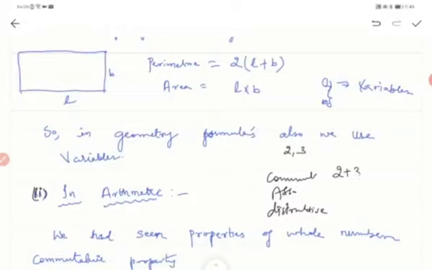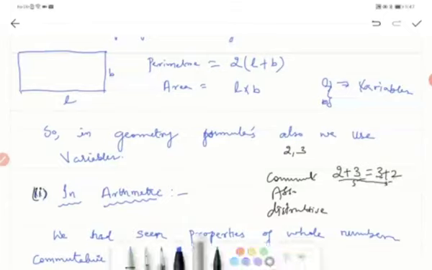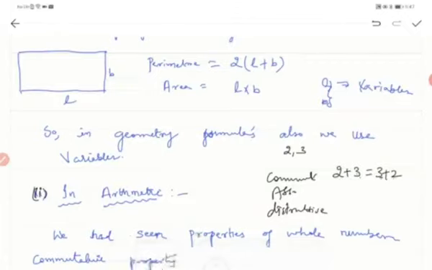So 2 plus 3 will be equal to 3 plus 2. This commutative property is true for whole numbers, right? 2 plus 3 is 5, 3 plus 2 is also 5. So this is true, and if I take any other numbers and add them, you will get this property true.